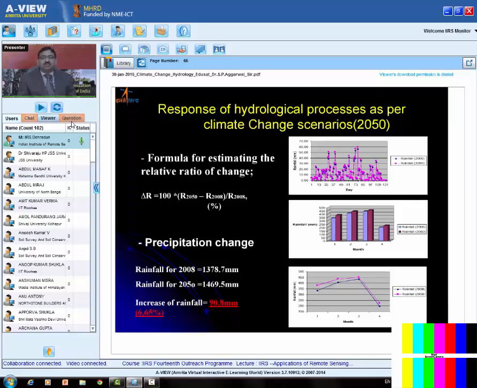Then I change the parameters and I got some results. This is the rainfall of 2008. It is 1378.7, the average rainfall, though I have calculated it for each pixel. Then in 2050 it becomes 1469. So the increase in rainfall is 91 millimeters, and you can see the pink line shows 2050 and the blue line shows 2008. So rainfall will increase.